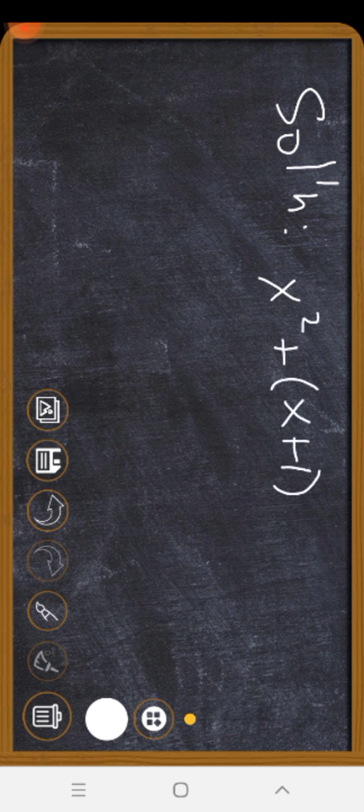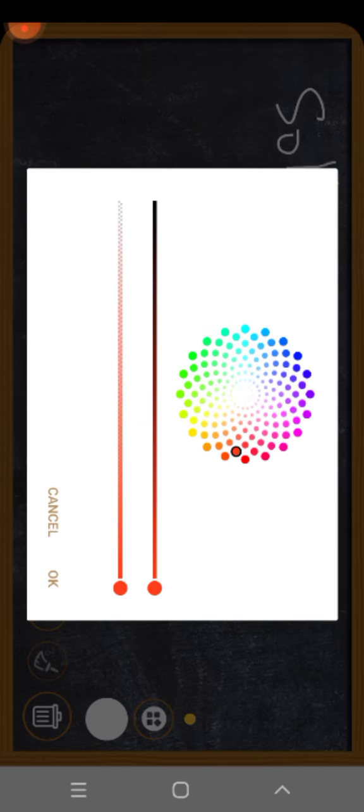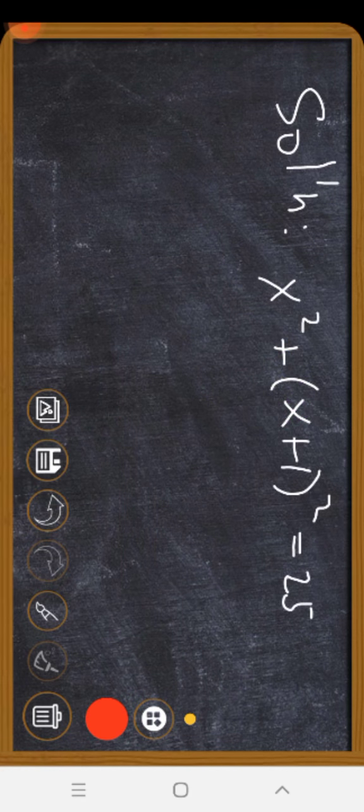So our solution will be like this. Again, our equation is x squared plus the quantity x plus 1 squared is equal to 25. Expanding this one, we have to copy this first, and expanding this one, we have to square the binomial.